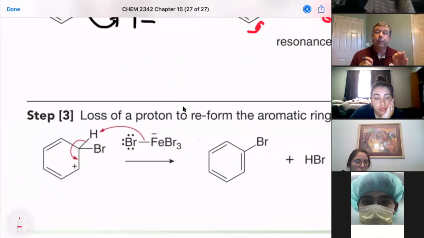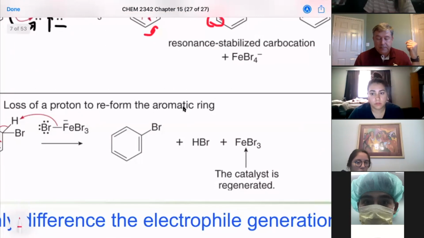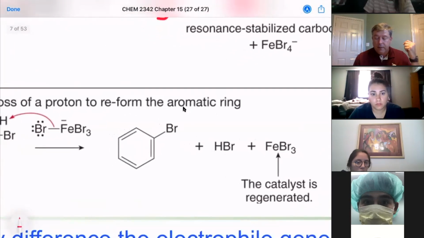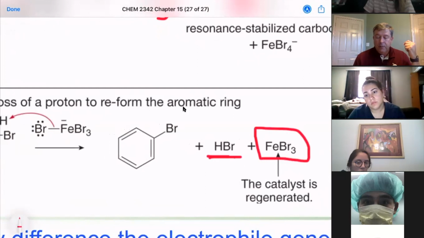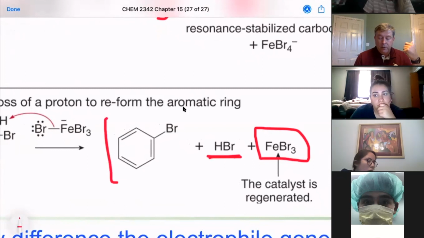The electrons that were bonding that hydrogen to the benzene ring now go back in. Now we have 3 pairs of electrons in that ring. Therefore, we now re-aromatize the ring. And when we do that, it spits out a complex with HBr, and then we regenerate our Lewis acid catalyst. We've generated HBr. The H came from the benzene, the Br came from the bromine, and we have our new brominated species.